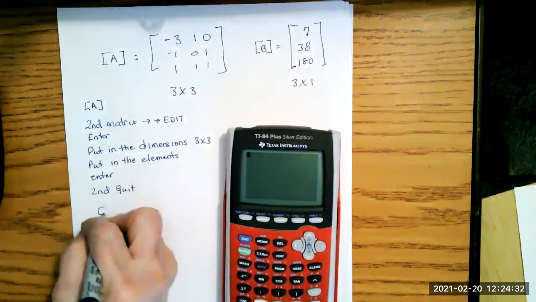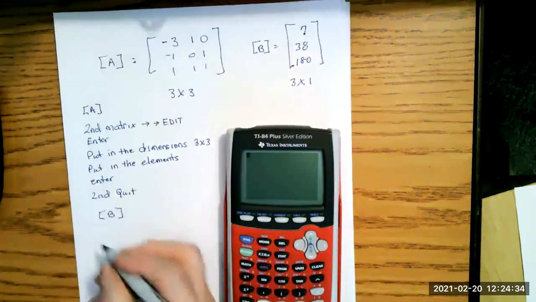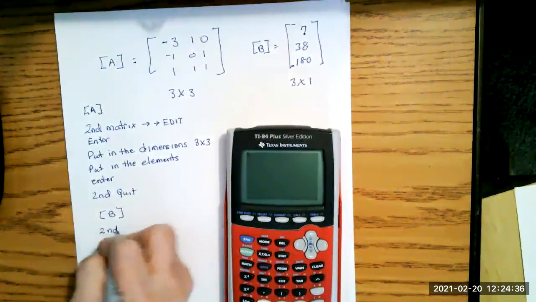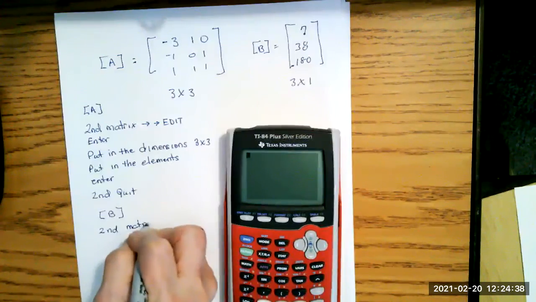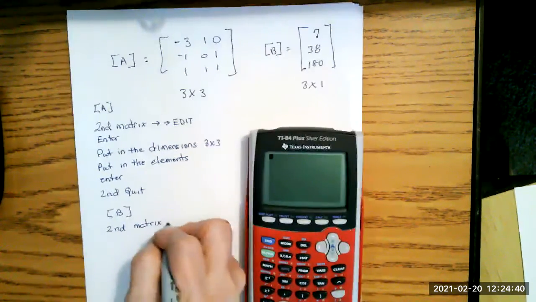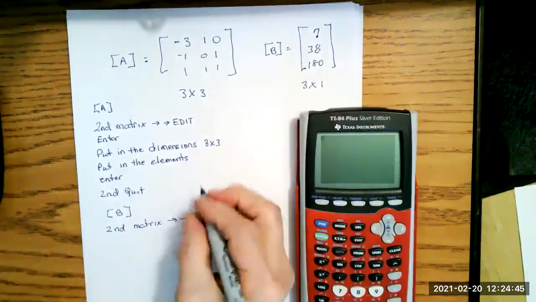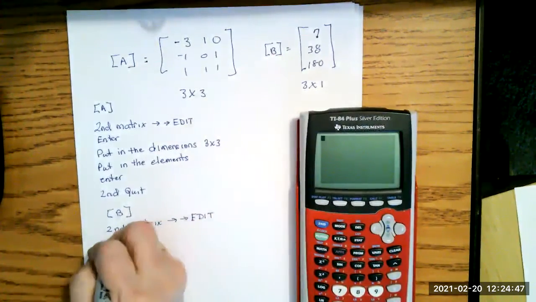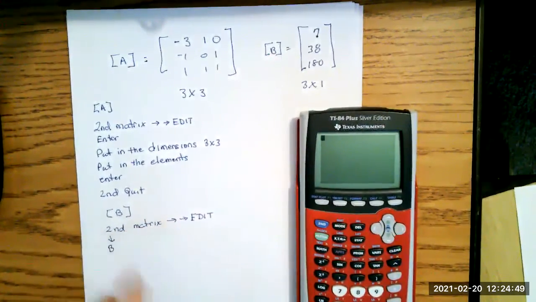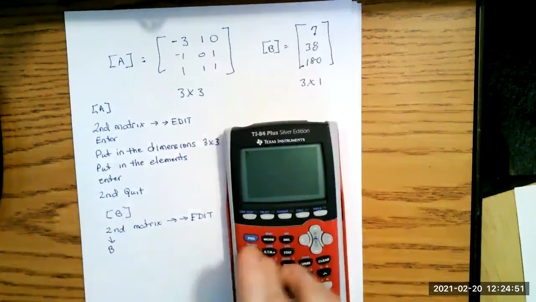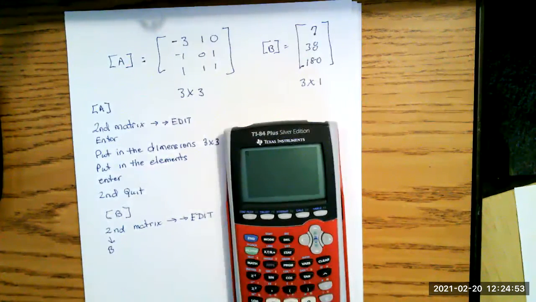Now we're ready to put in B, and we follow the same directions. Second, matrix, over to edit, but this time we have to go down to B. Right, let's see if we can do that. Second and matrix.